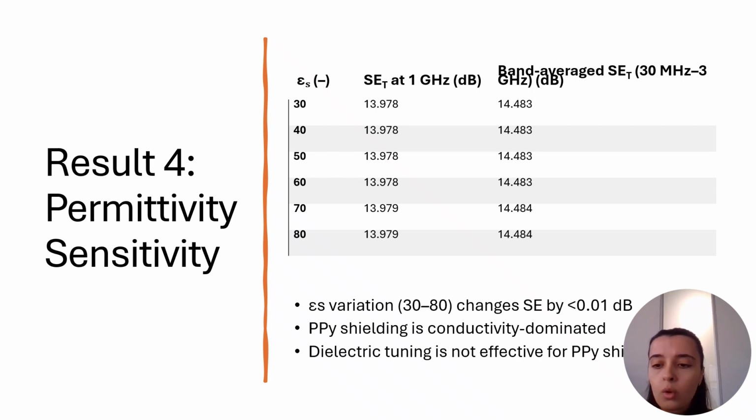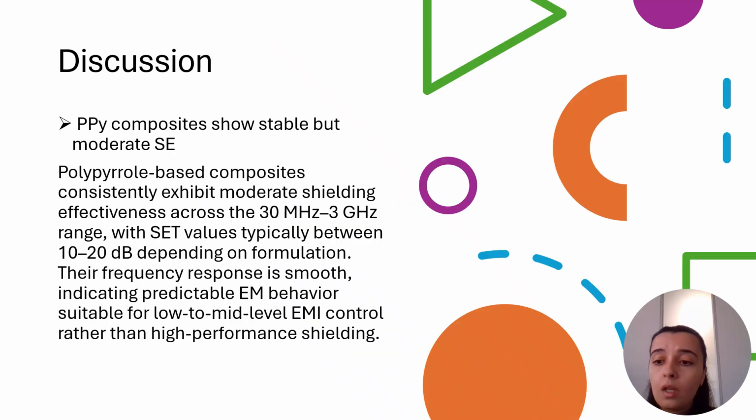We have also a table here to evaluate the sensitivity to the dielectric permittivity. Permittivity, as can be seen, has almost no impact on the shielding effectiveness of polypyrrole-based composites in this frequency range. This suggests that conductivity and thickness are the dominant parameters, the ones that control the material optimization.